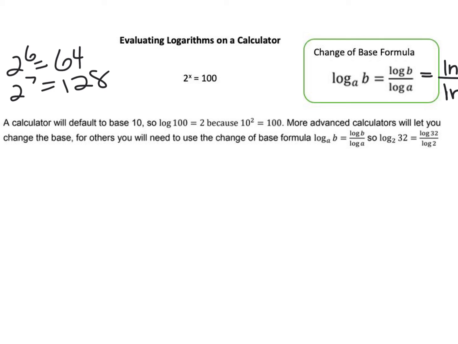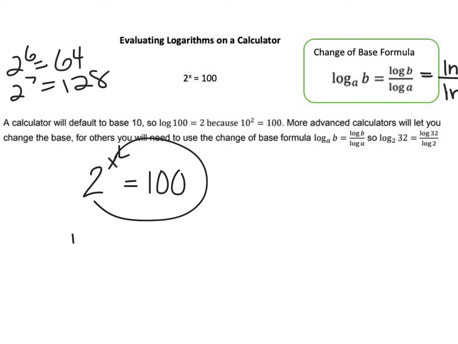So here's what we're going to do. First of all, to solve 2 to the x equals 100, it is currently in exponential notation, and I'm going to change this to log notation. So this would be equivalent to log base 2 of 100 is equal to x, which again is great, but I still don't know 2 to what power is equal to 100.